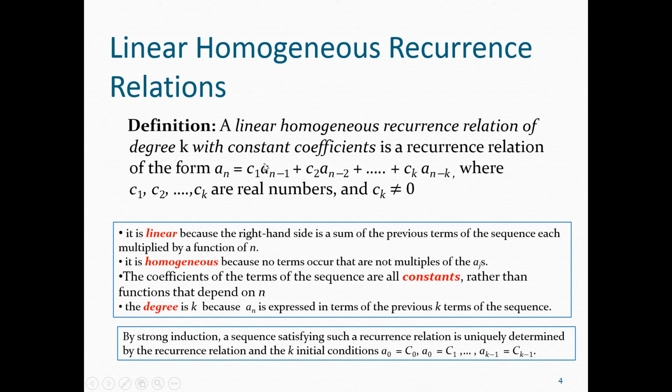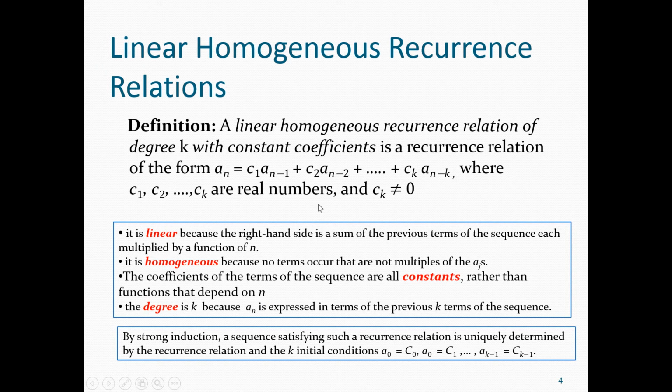These are actually the terms of the sequence. An is the nth term, and these are the preceding terms of the sequence. The coefficients of the terms of the sequence are all constants, that is, the ci's are all constants rather than functions that depend on n.